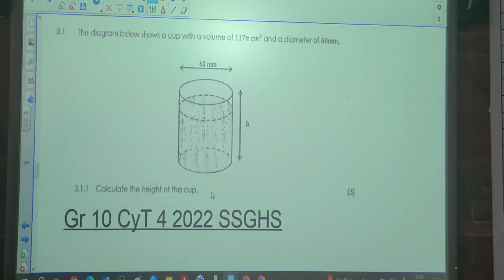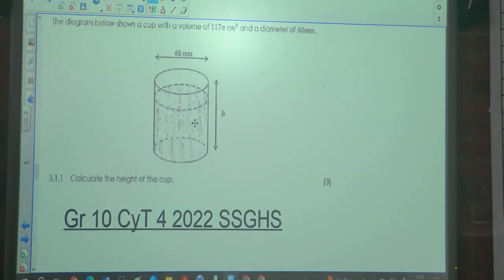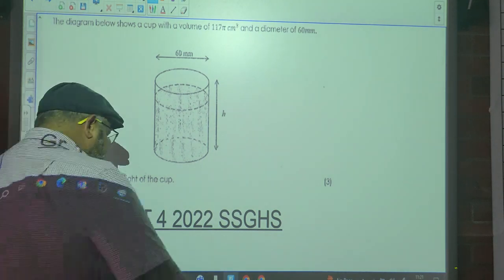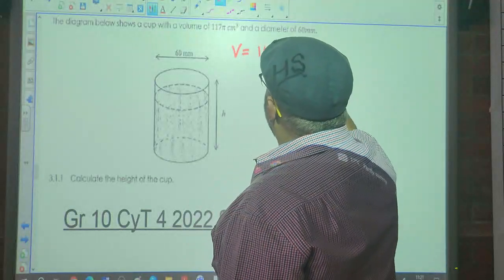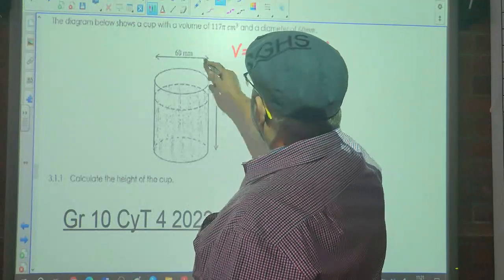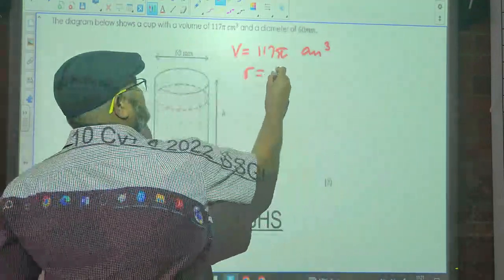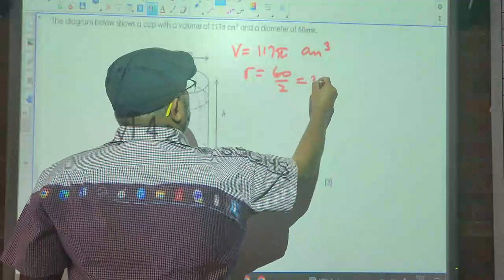So here we are told that the diagram below shows a cup with a volume of 117 pi centimeters cubed. So the volume is given as 117 pi centimeters cubed. The diameter is 60. So what is the radius? 60 over 2, which is 30 what?